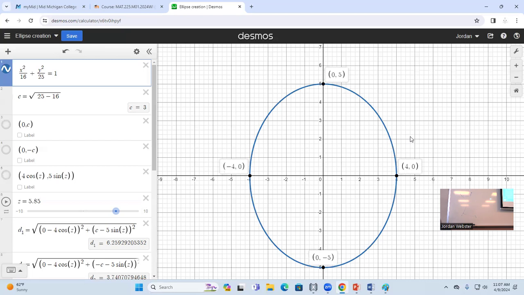The upper and lowermost points and the left and rightmost points. Since we're on the origin, it's pretty easy to see. We went 5 units up, 5 units down. And also, notice the number under the x squared is a 16. We went 4 units to the right, 4 units to the left to get our vertices. So the vertices are just left, right, however many units in the x direction, up, down, however many units in the y direction.